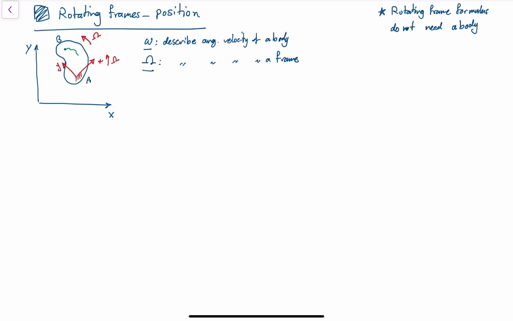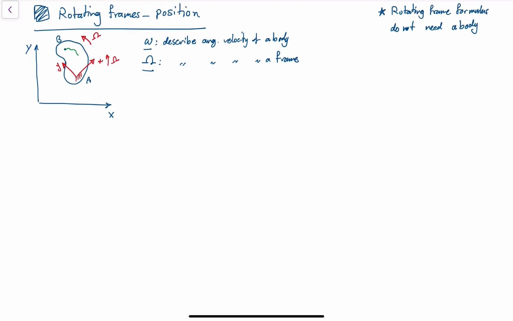Even if you don't have a body to have an angular velocity, you can still use this rotating frame and describe capital omega to the rotation of the frame and do a lot of interesting stuff with it. This formulation is completely general purpose. It works for any situation, whether you have rigid bodies, connected rigid bodies, just random points moving around in space. This formulation works.